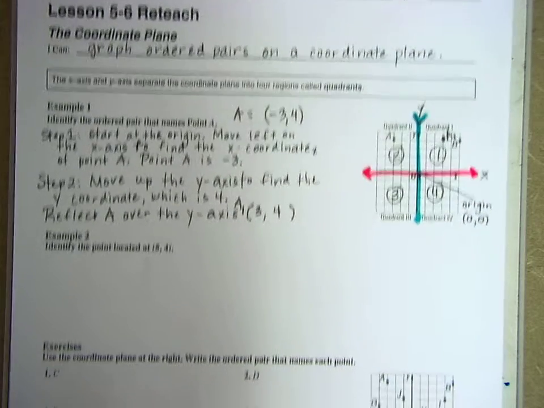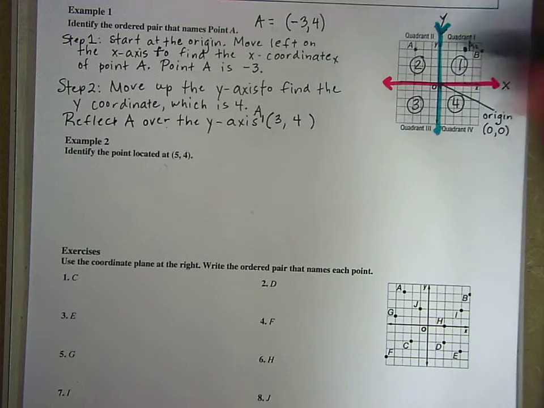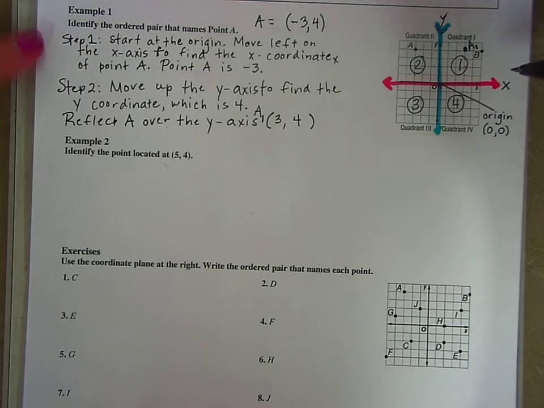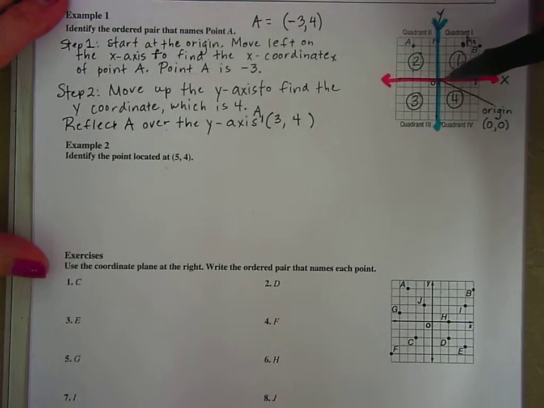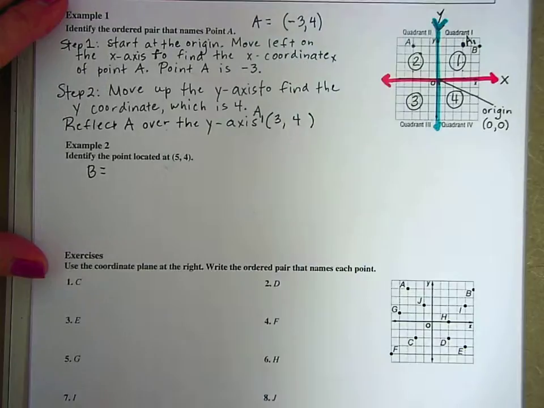All right, example number 2. We're going to continue to use this grid up here, and we need to identify the point located at 5, 4. I'm not going to ask you to write these steps again, so we're just going to go starting at the origin, trying to get to B. All right, so we are going to definitely figure out where B is located.